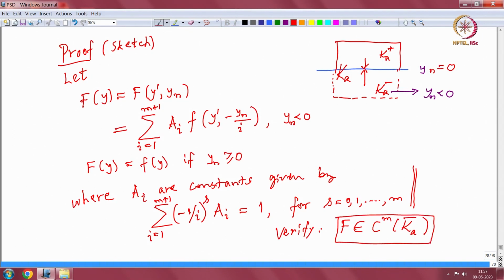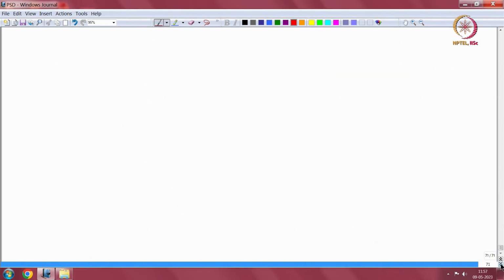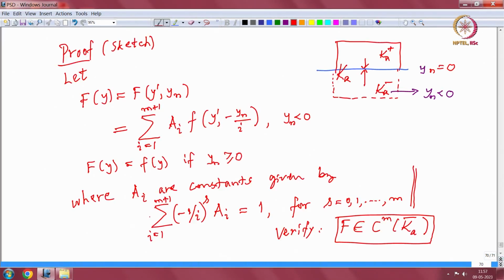Okay. But our interest is little more. We also want the integrability of these extensions. Okay. For that, so again you just remember this expression for capital F. Okay. So just remember that.